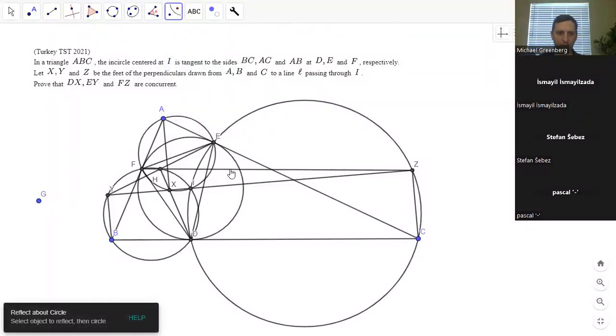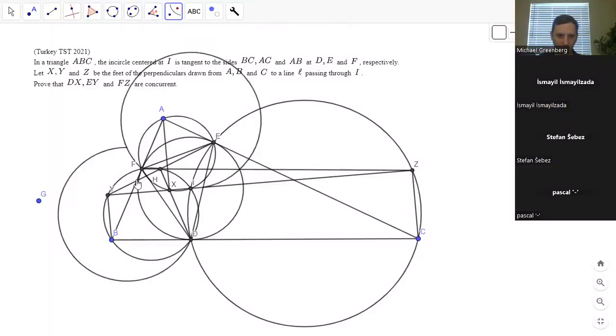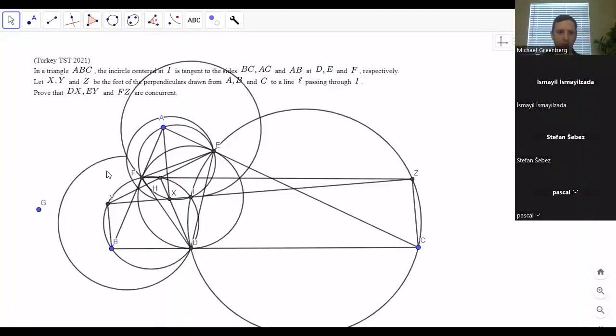So we would have DX, and then FZ, and EY, and would we want to show they're coaxial, or that they all pass through a common point? Or maybe, yeah, sorry, this circle is only partly drawn.